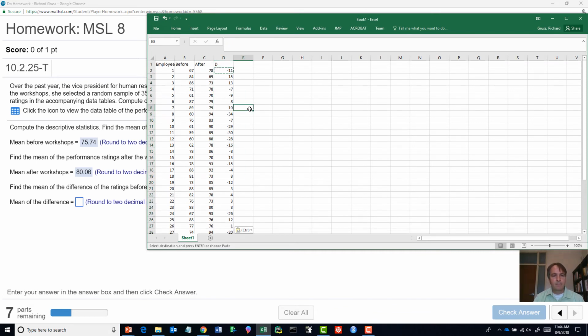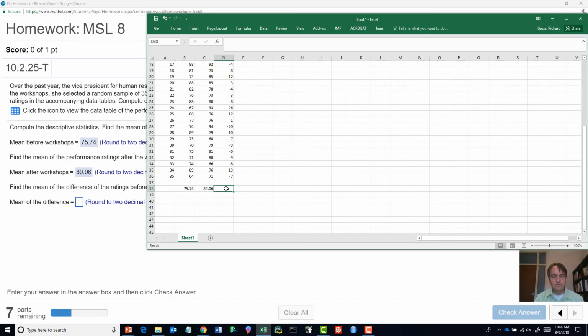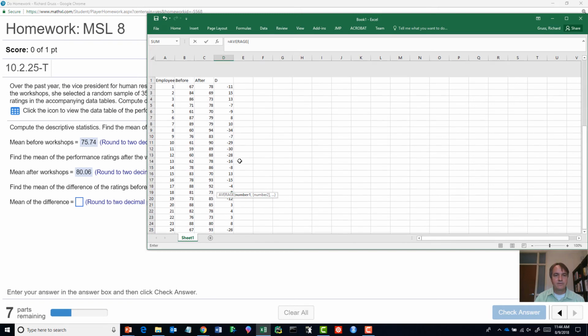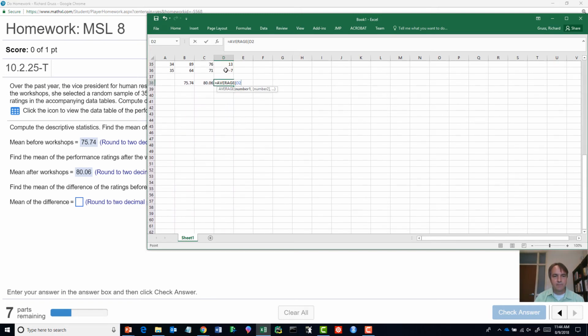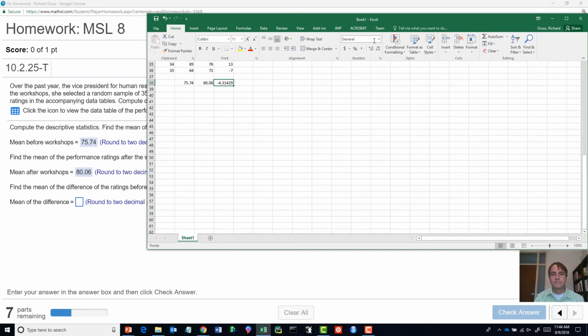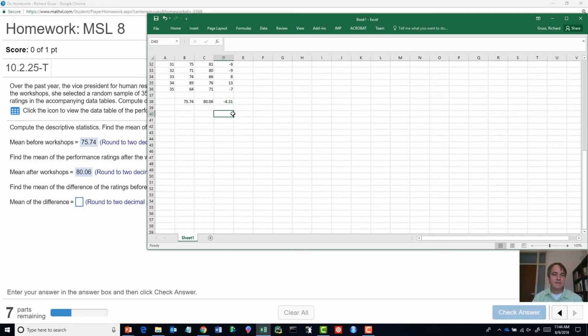And then we just want to have the mean here, so the mean difference. So we'll do equal to the average of these differences. 2 decimal places again. Now notice that the mean of the differences is the same as the difference in the means.